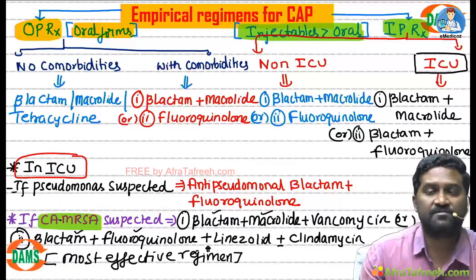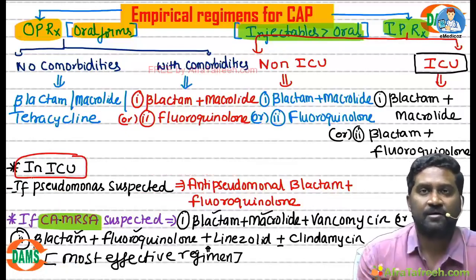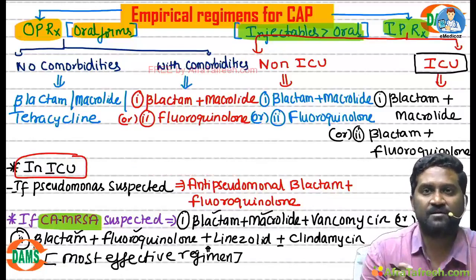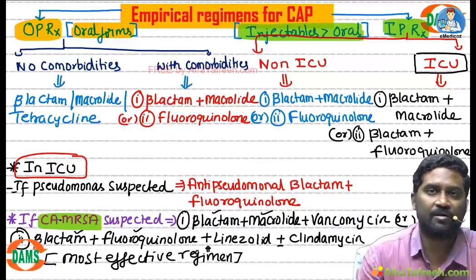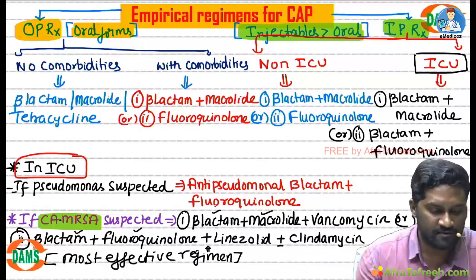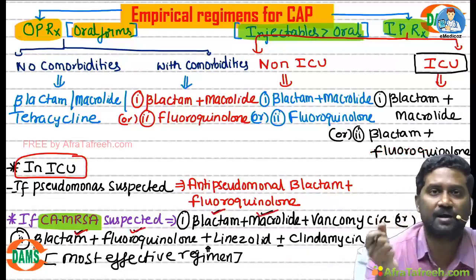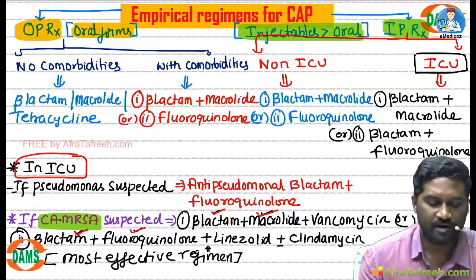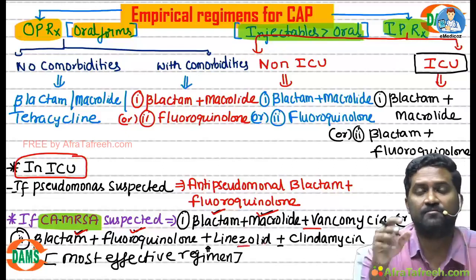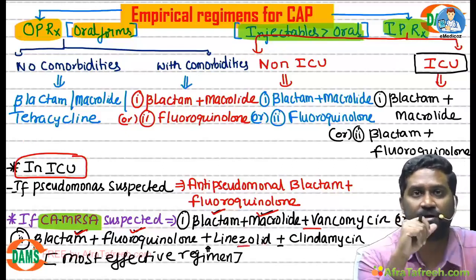One suspicion is staph. It does not mean the patient will not be having common organisms such as streptococcus or legionella. So, in this regimen, beta-lactam macrolide or beta-lactam fluoroquinolone will take care of common typical and atypical organisms, whereas the vancomycin or linezolid will take care of the specific organism.